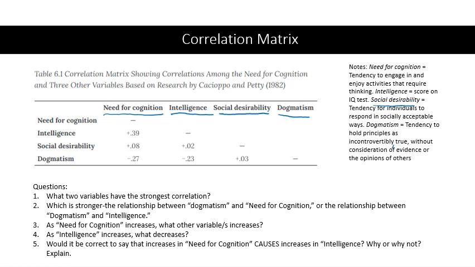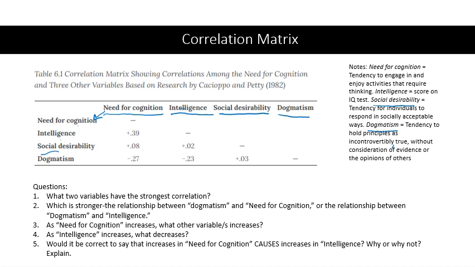They want to be socially desirable. And dogmatism means that they tend to grasp on to things that they believe in and not listen to other people, just be kind of close-minded about it. And you can see that each of these variables is listed in a corresponding place on the side. So need for cognition first, intelligence second, social desirability third, and dogmatism last.